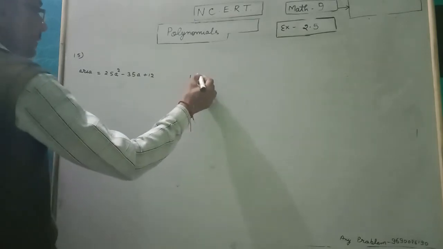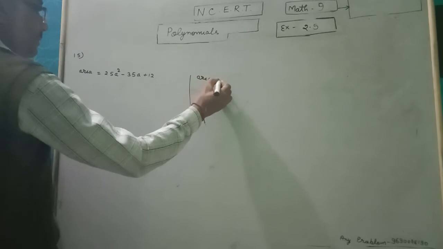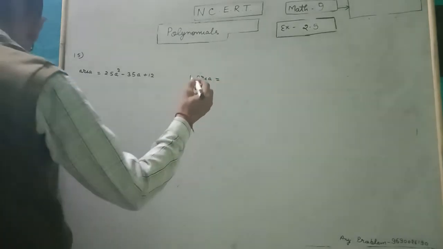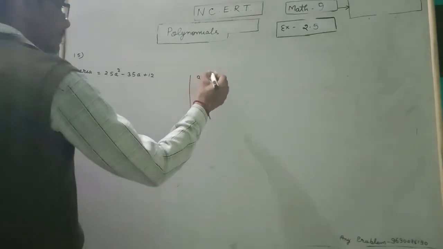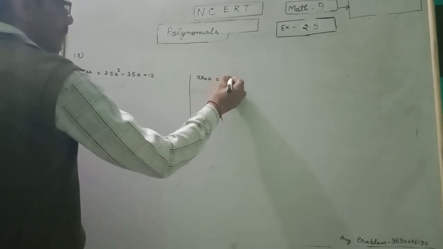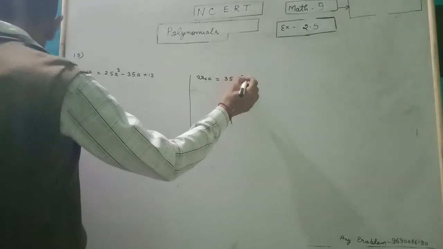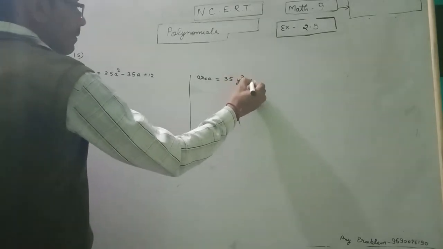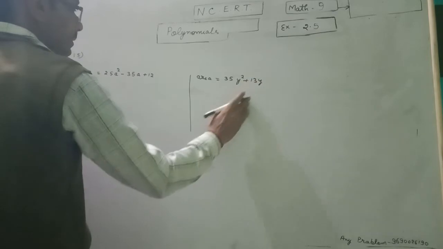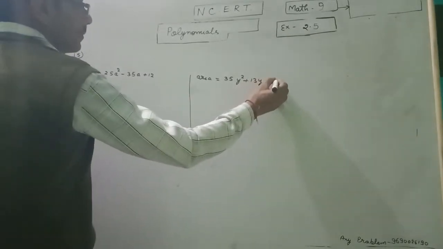Second part is, area is equal to 35y² + 13y - 12.